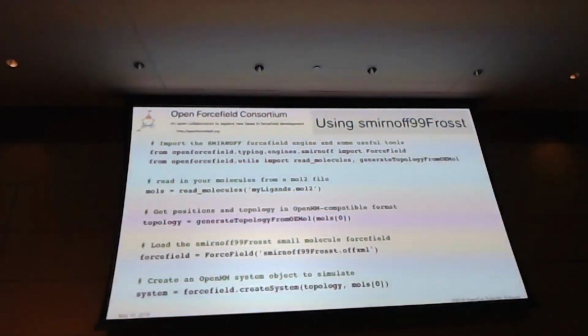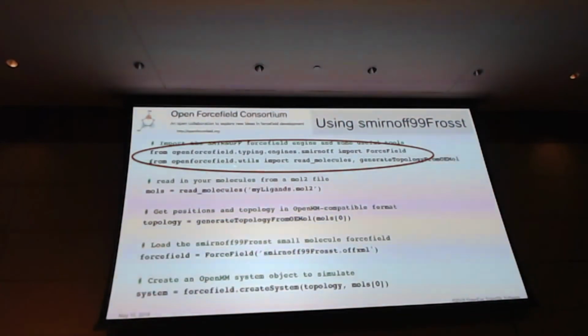Well, here are the 6 lines of Python that you need to get your molecule parameterized by SMIRNOFF99Frosst and into your simulation. From the first 2 lines here, we're importing some tools from the Open Force Field project. Then you get your molecule in there, you get the topology, and then you apply the force field here.